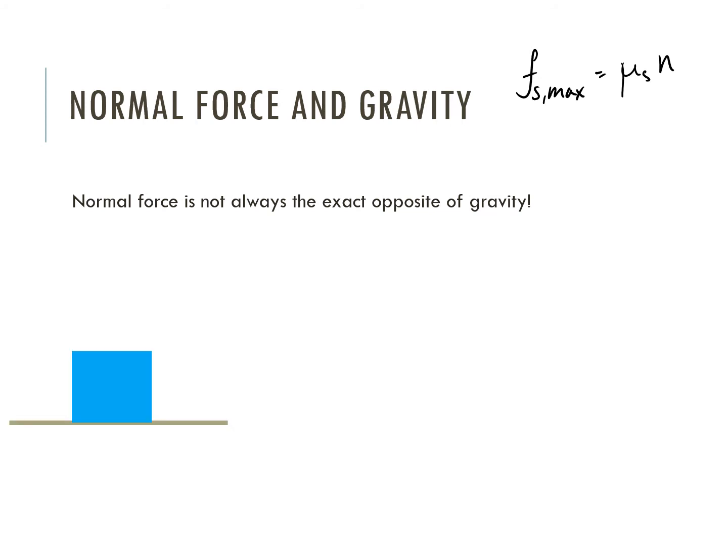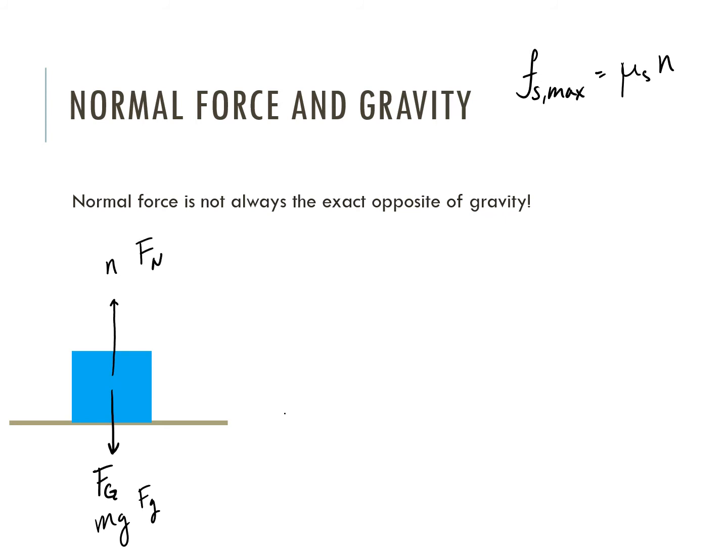So far, what we've dealt with primarily is a nice box on a surface. So in this situation, we could draw the force due to gravity. Again, F_G, mg, any of these, whatever one you want to use. And perpendicular to the surface, we could have the normal force.